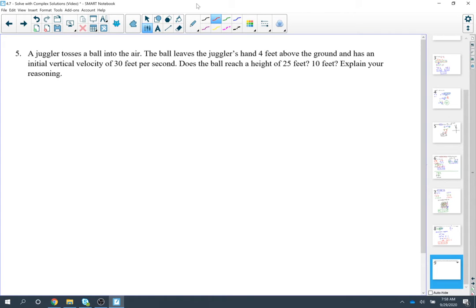So the first thing I'm going to do here is try to construct a function. Keep in mind we have our function: h of t equals negative 16 t squared plus v naught t plus s naught. In this function, the negative 16 is representing gravity, v naught is your initial vertical velocity, and s naught is your initial distance off the ground.